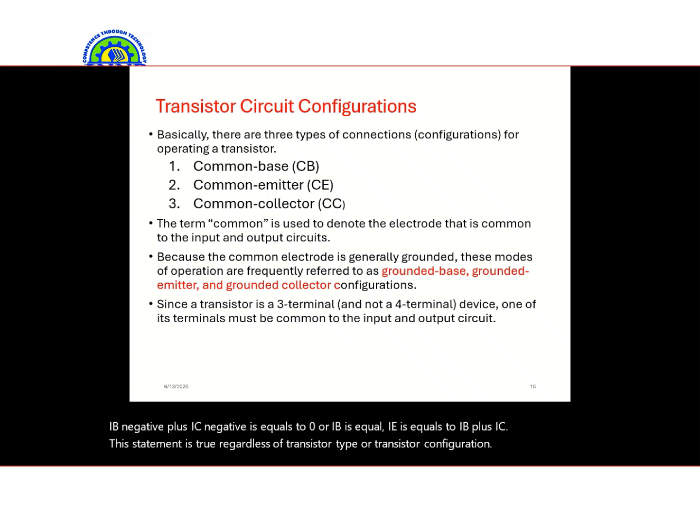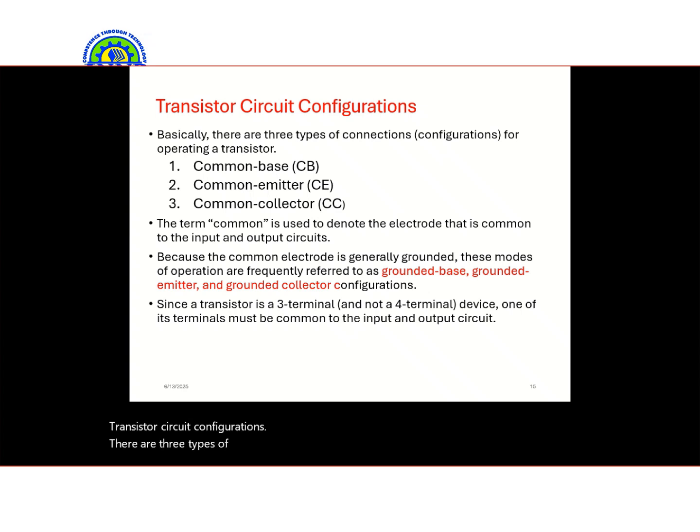Transistor circuit configurations. There are three types of connections or configurations for operating a transistor: common base, CB, common emitter, CE, common collector, CC.